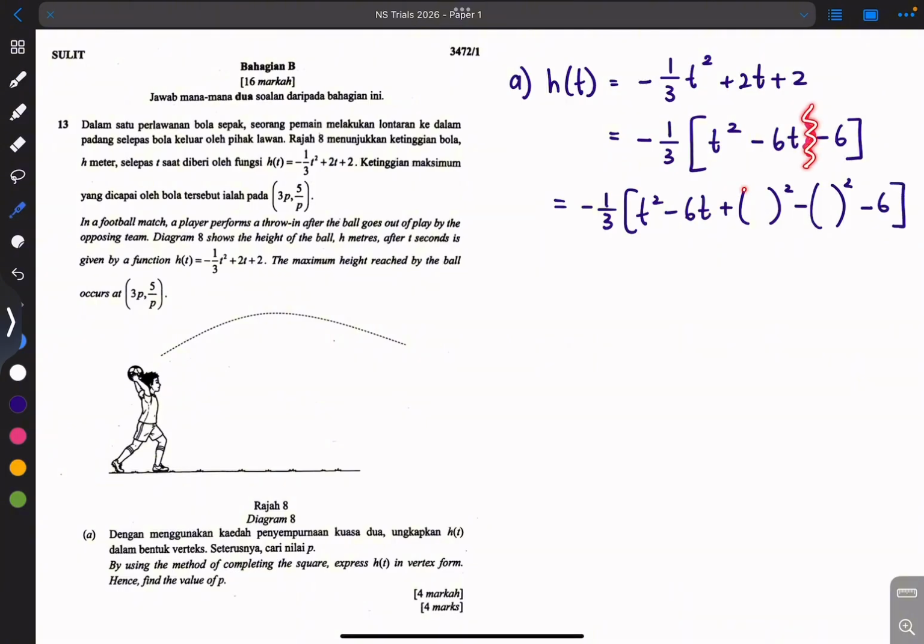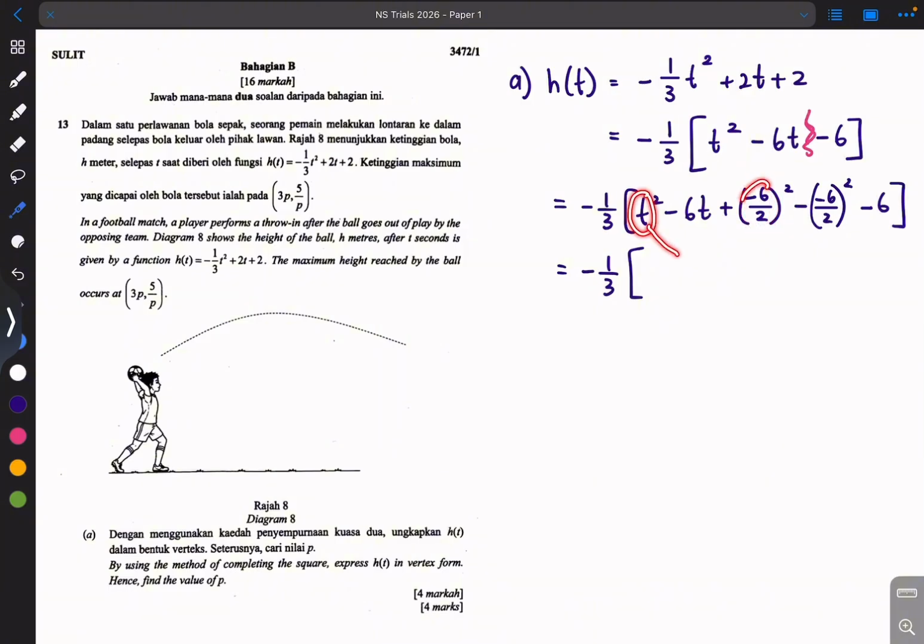Basically you just insert the two brackets in between. Inside the bracket would be b divided by 2. So this is our b, negative 6 divided by 2, which is negative 3.